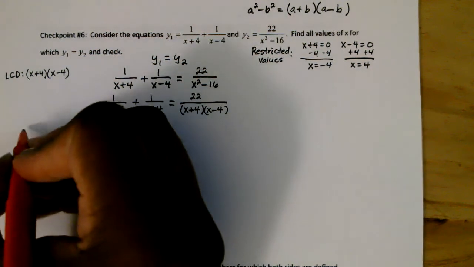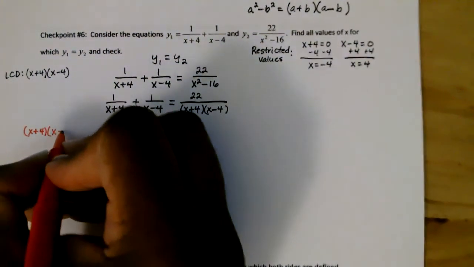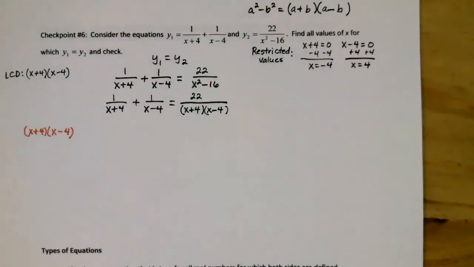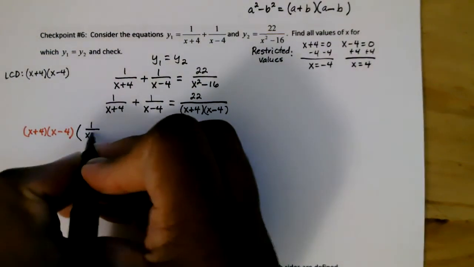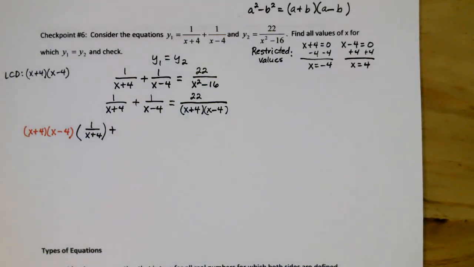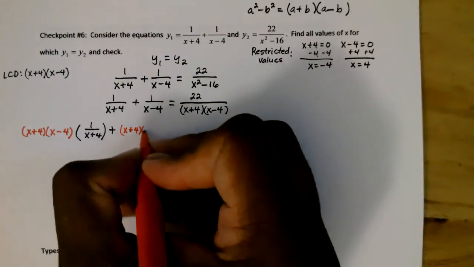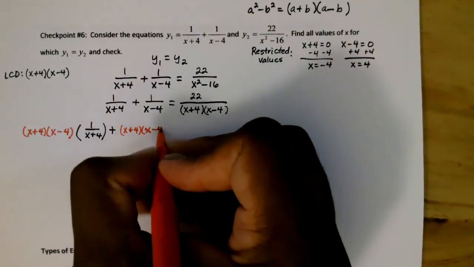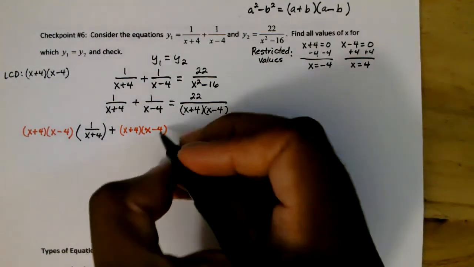So here's what we have. x plus 4 times x minus 4 will be multiplied by that first term of 1 over x plus 4, and then plus x plus 4 times x minus 4 will also be multiplied by 1 over x minus 4.